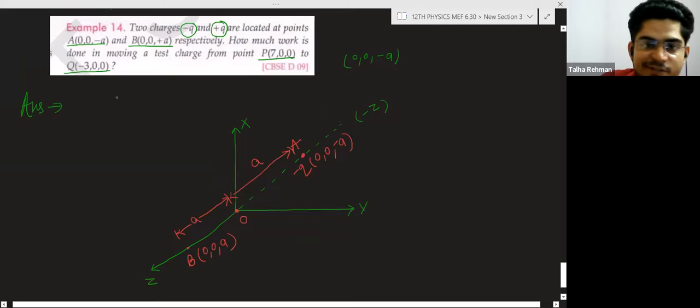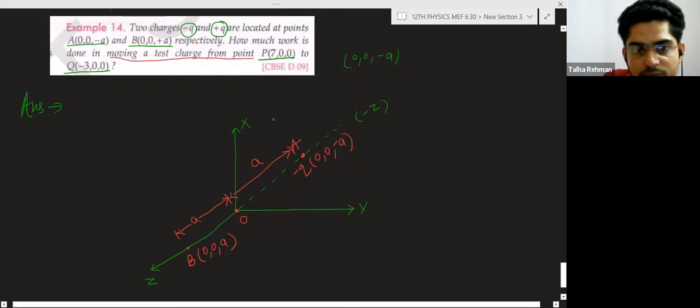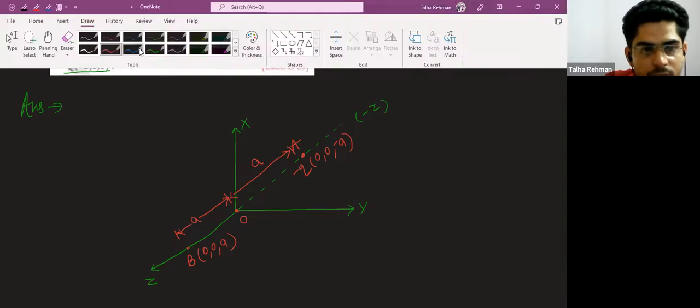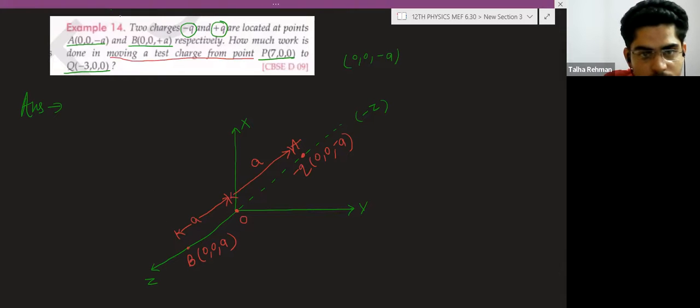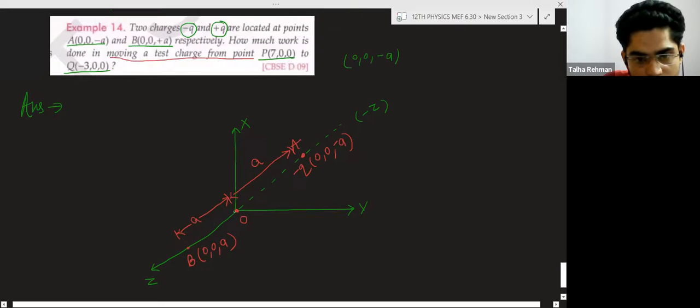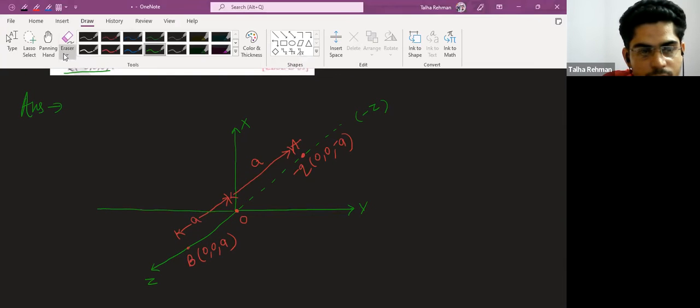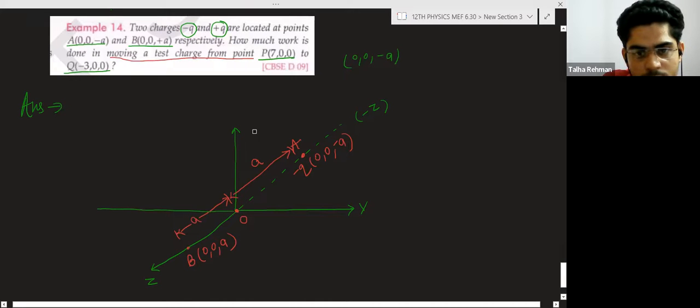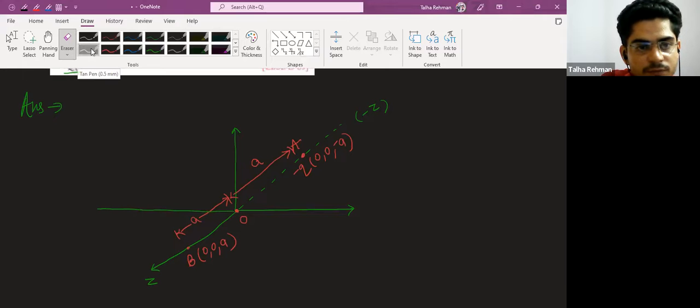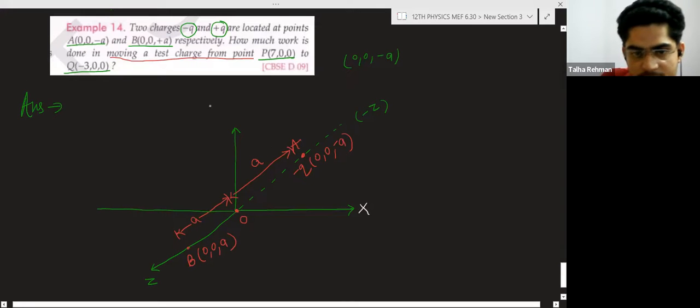And what we are doing is moving a test charge from point P to Q. We have already solved this type of question. This is x-axis, this is y-axis, and this is negative x-axis.